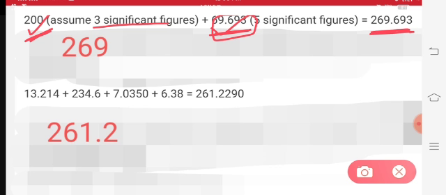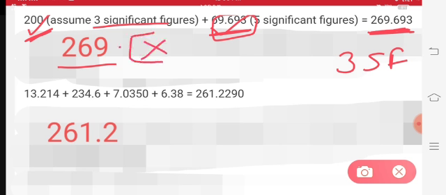So we will give our answer in 3 significant figures only. We will round this off directly to 269 by neglecting all the decimal values.